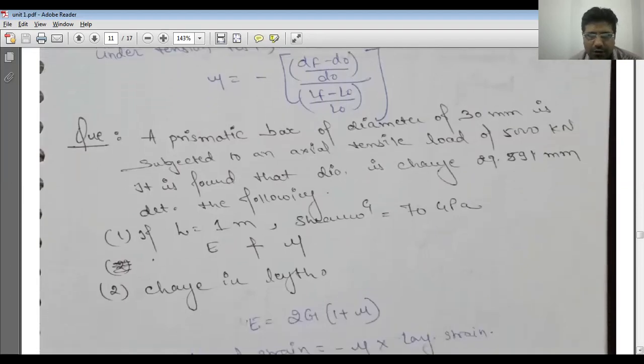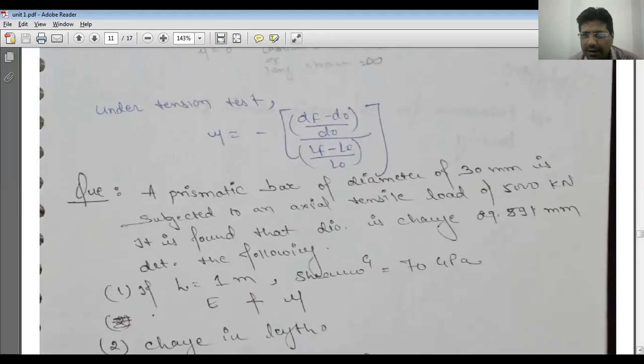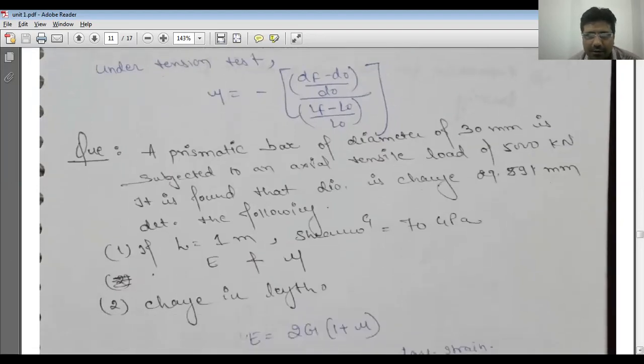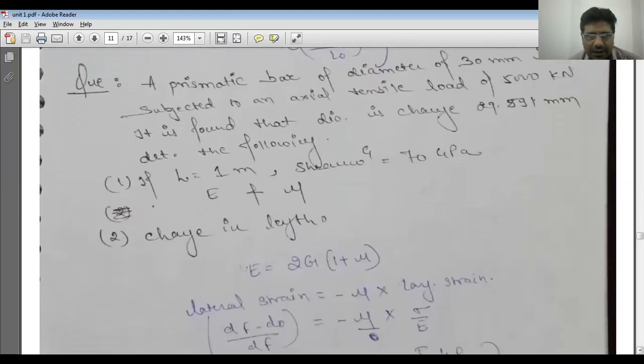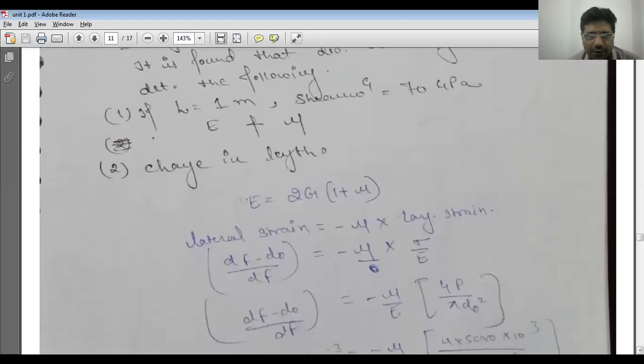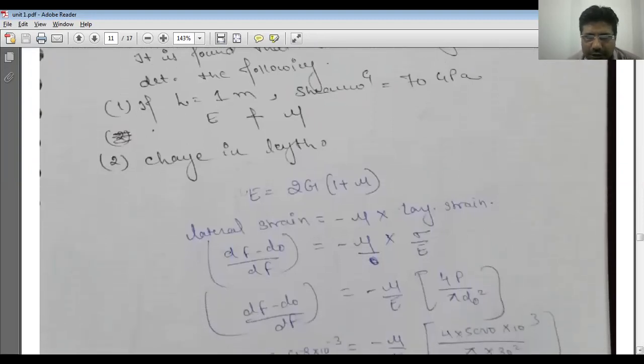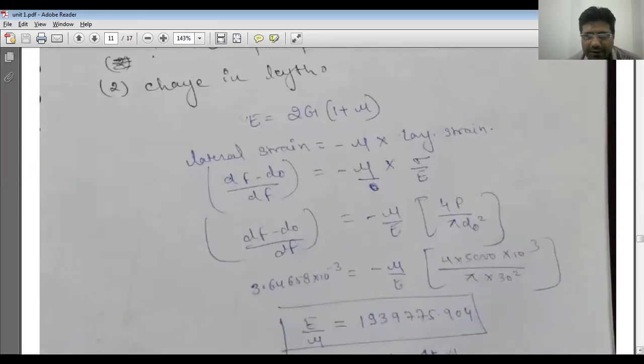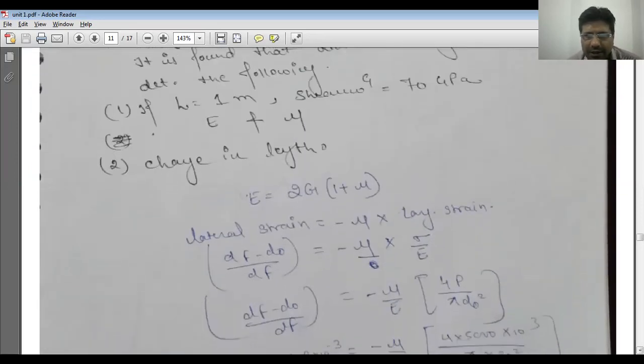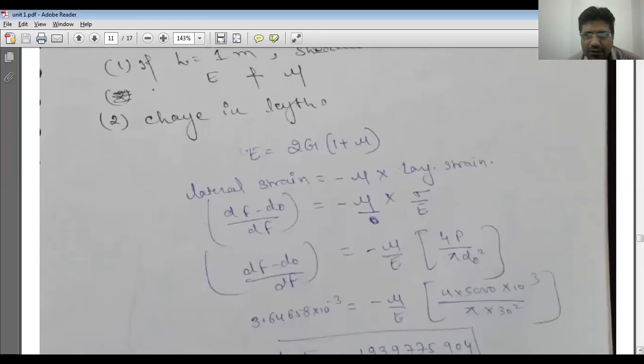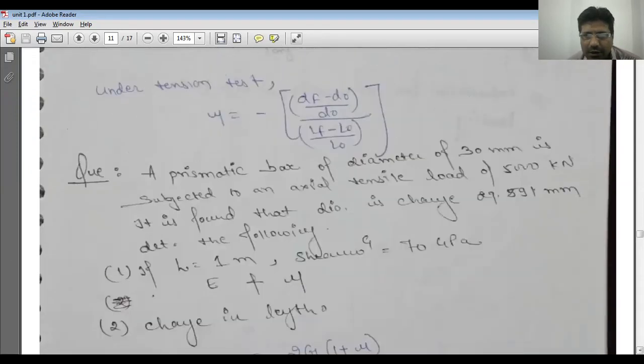So first of all, the change in length is found: 30 minus 29.591 will give us the change in length. Again we know that there is a relationship between G, mu and E. First we have to find the change in length, which is 30 mm minus 29.591.